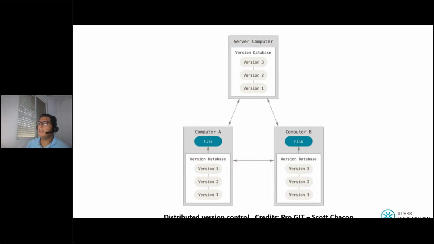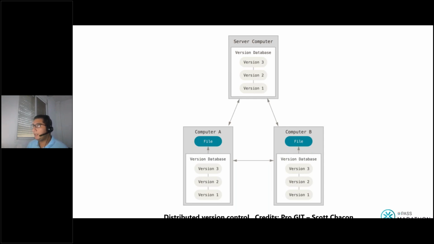Well, imagine that, according to this diagram, we have our server computer, which holds the source code of our project. And we have computer A and computer B, which are updated and contain all the changes. But if for any reason the server computer crashes or goes down, we can perfectly upload all the code that we have from computer A and make it our new server.